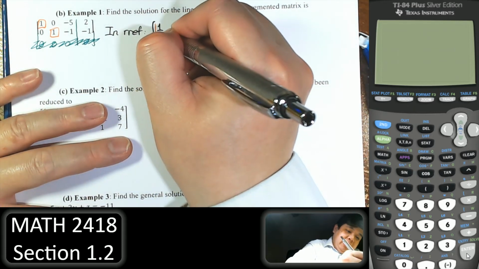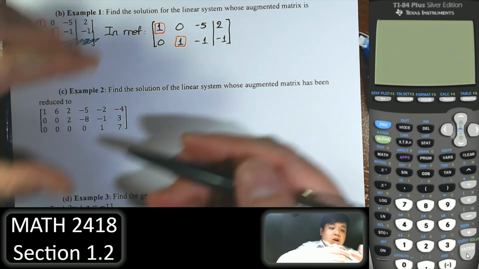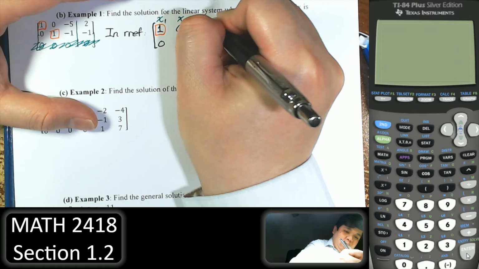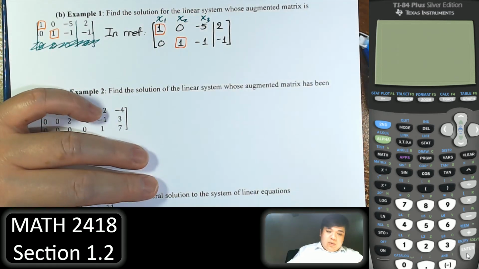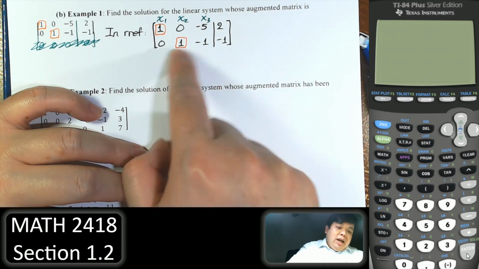Once again, the pivot entries correspond to x1, x2, and x3. x1 is basic, x2 is basic, x3 is free.